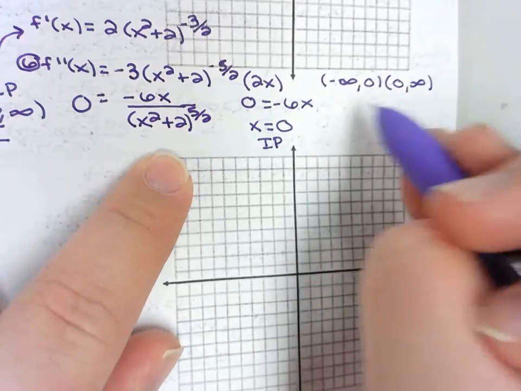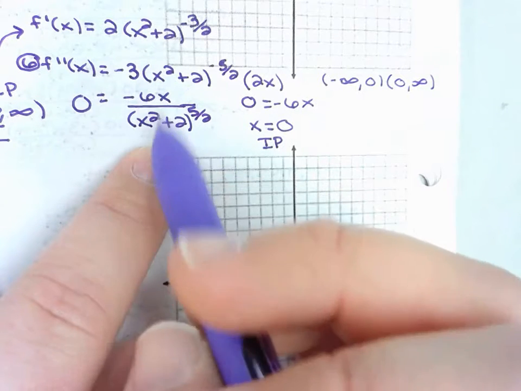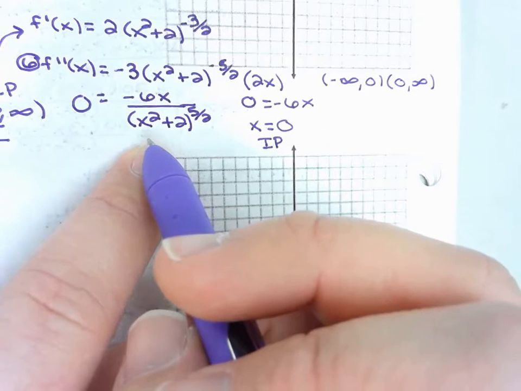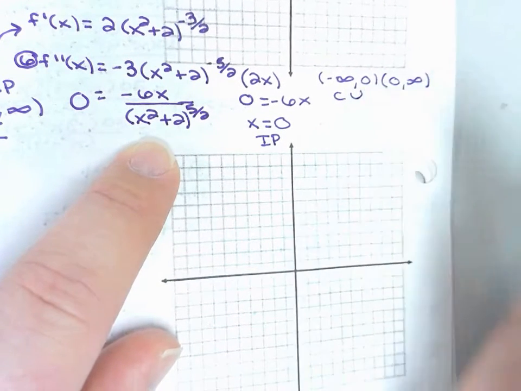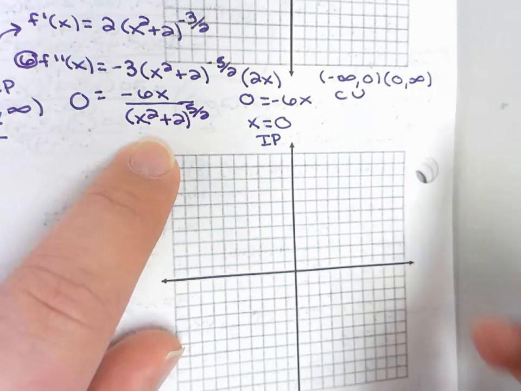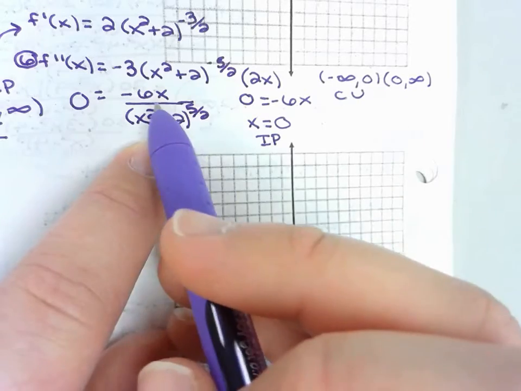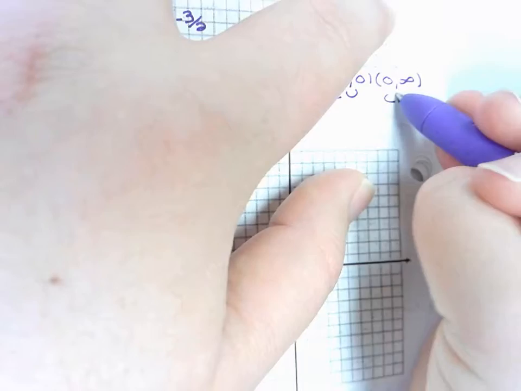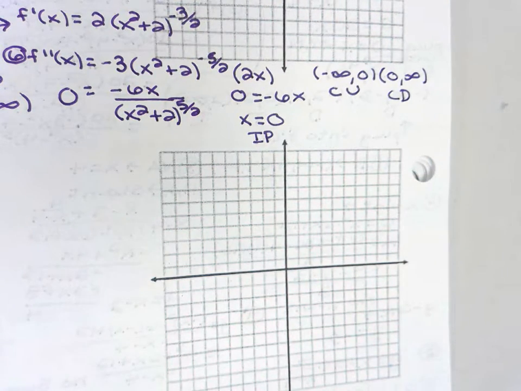If I plug in a negative 1, positive on top, I'm going to have a positive on the bottom, so it's concave up from negative infinity to 0. From 0 to infinity, if I plug in a 1, negative over positive, so that is concave down. It switches concavity once it hits 0, 0.